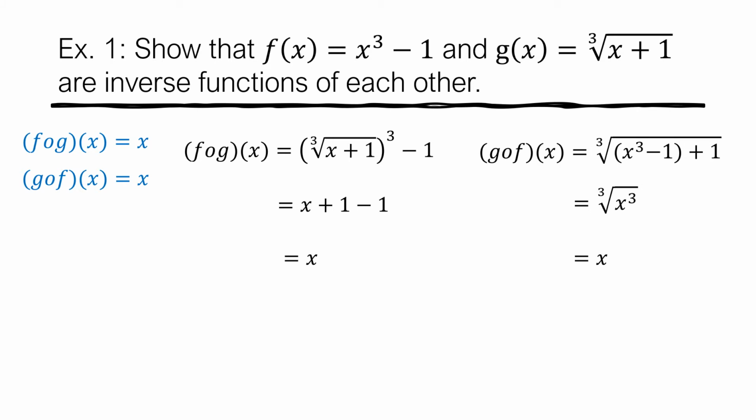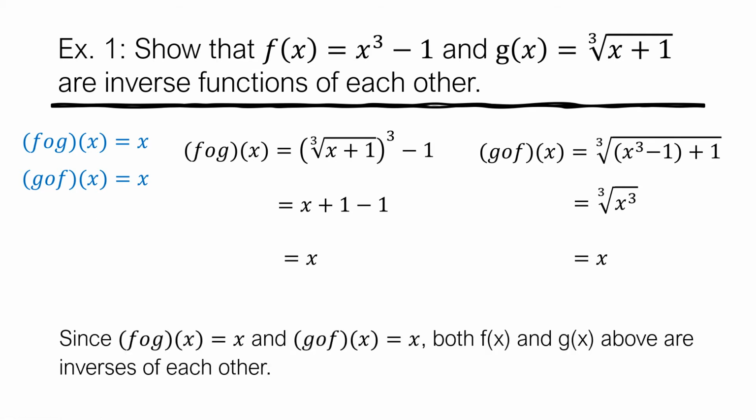Since the resulting expression is equal to x, then we satisfy the second condition. Therefore, as we can see here, since f of g of x is equal to x, and g of f of x is equal to x, both f of x and g of x above are inverses of each other.